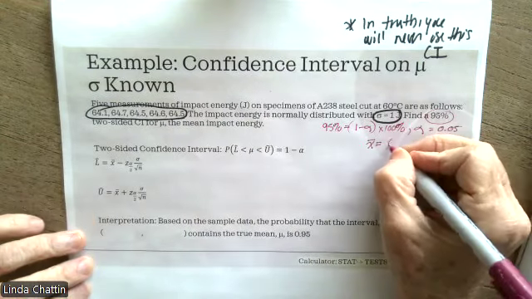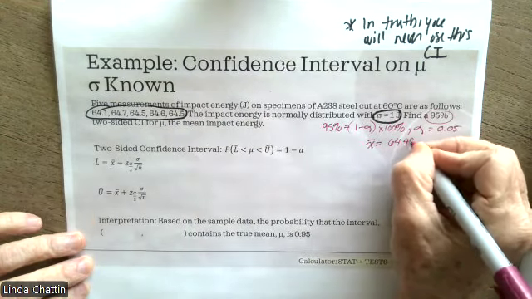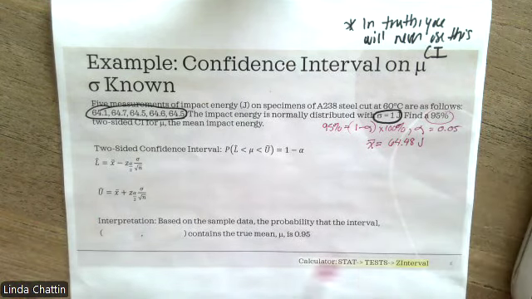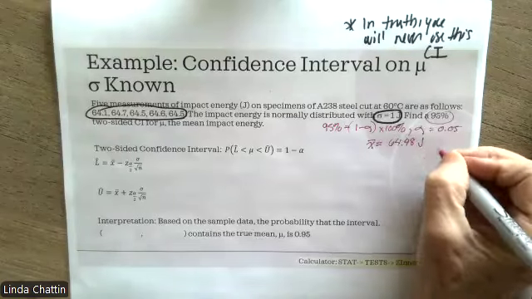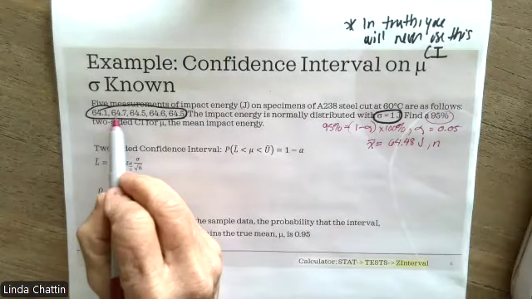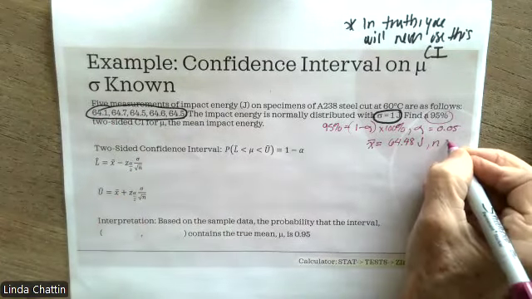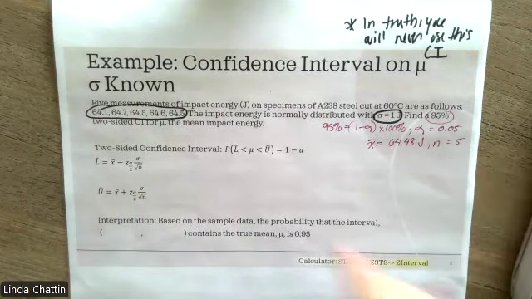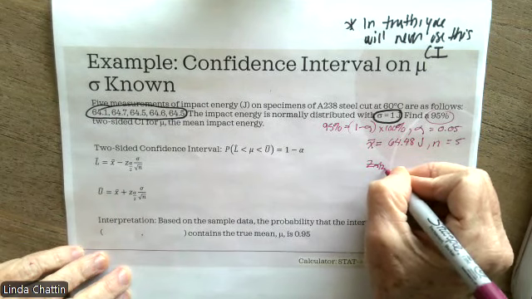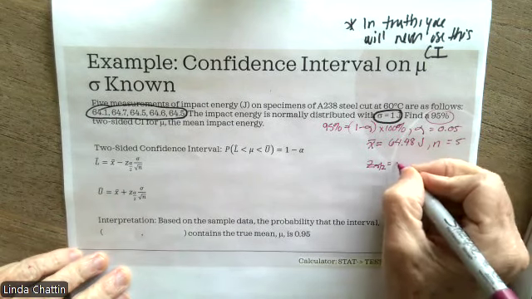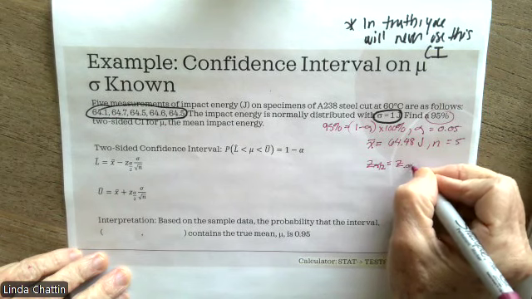So I'm going to write that down here, and that's 64.48 joules. And now the only other thing that we need in this equation, we can see that n is equal to 5. So we just need to know what Z alpha over 2 is. We determined that alpha was 0.05, so that's going to be Z of 0.025.